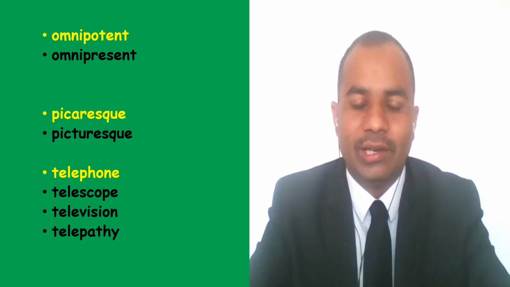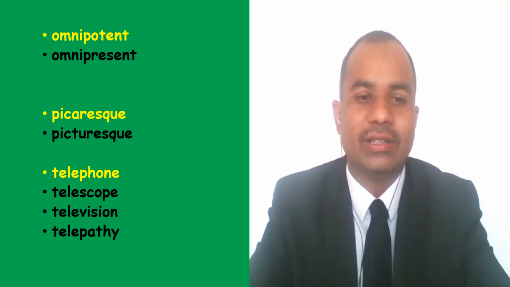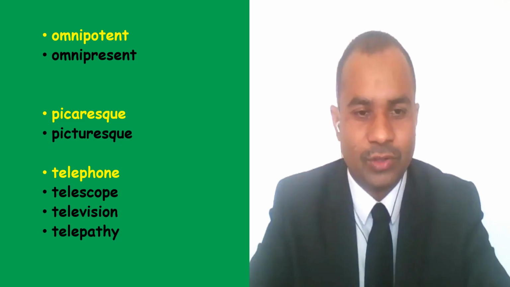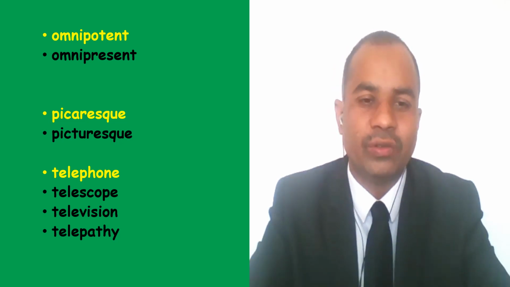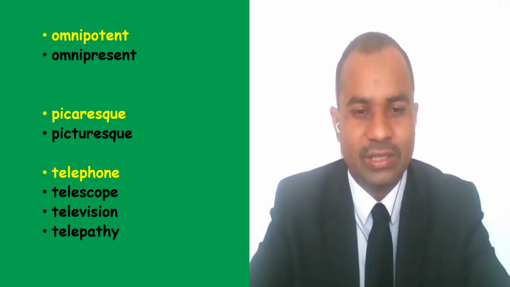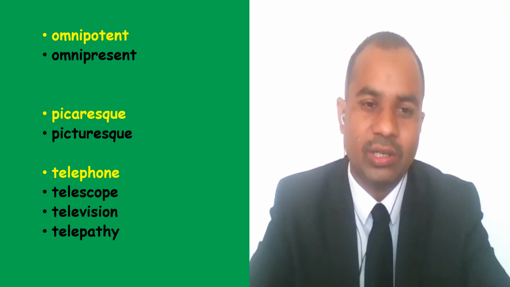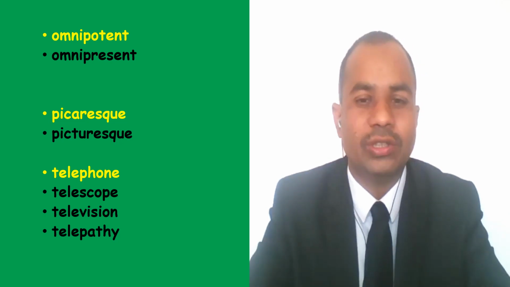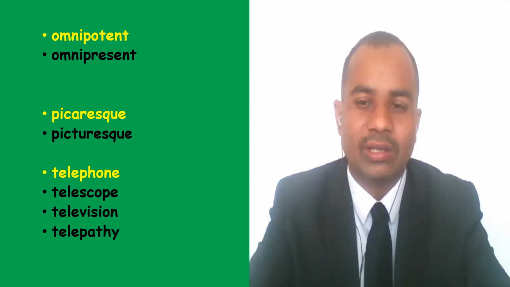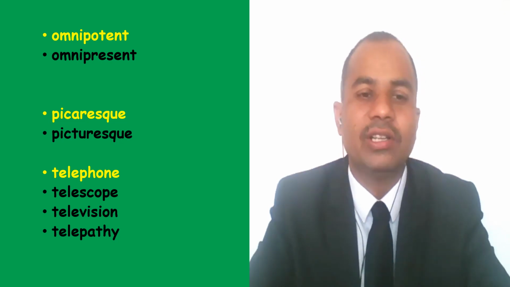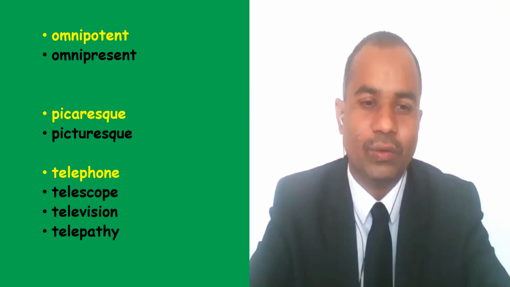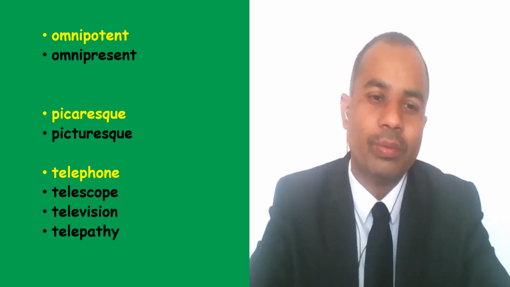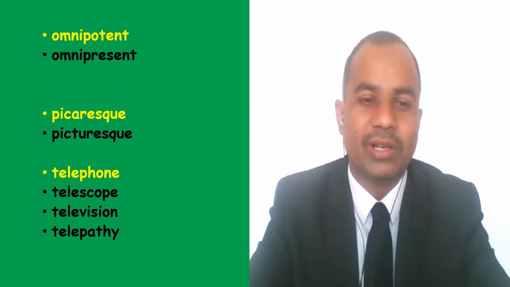Then we have tele, a distant, a greater distance. So we have telephone, phone, phoneme, and all this is nothing but speech. When you speak to others on some instrument, and these people have a greater distance between them, that is a telephone. Then telescope: we see something from a greater distance.